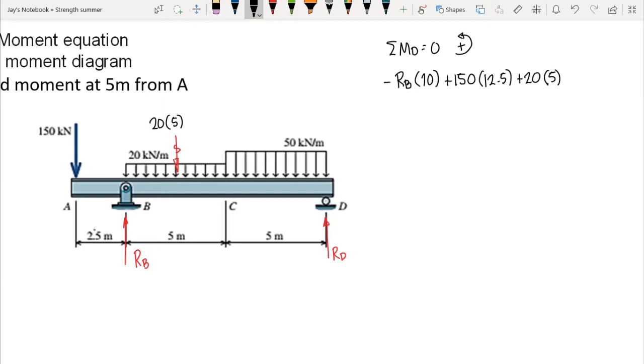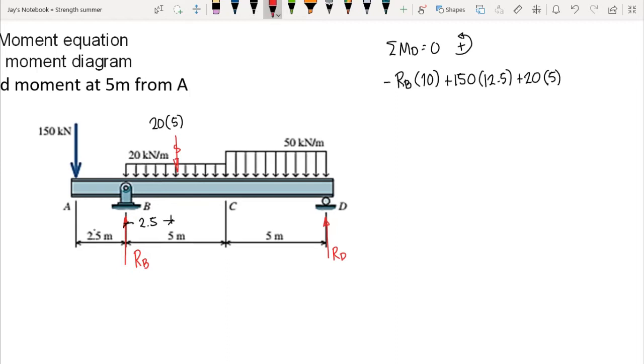Then we compute the moment arm. We know that the resultant acts at the midspan of the length of action. Since the length of action here is 5, our resultant acts 2.5 meters, or 1/2 of 5, from B.